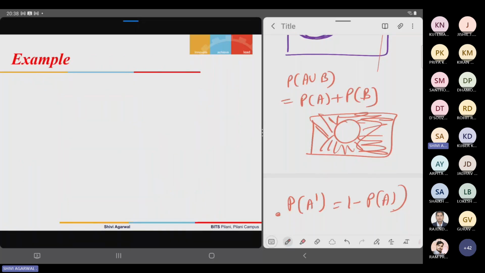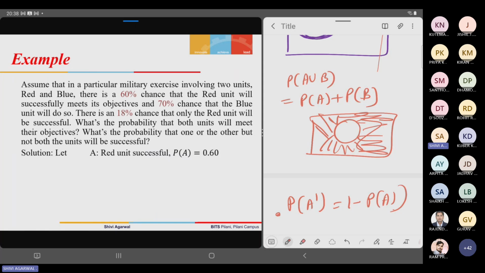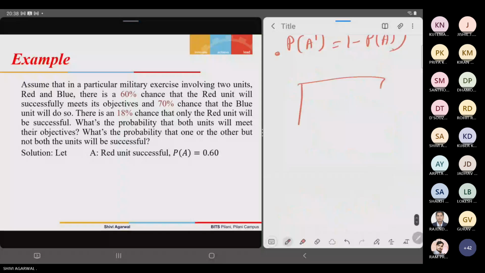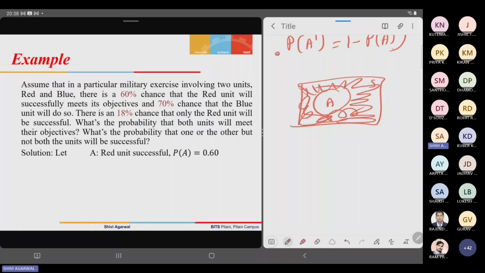Okay, now come to the example. So these are some formulas. You can see now, this is the sample space. This is A only, and this is the complete A complement. So A union A complement is always the sample space, for any event we are talking about.